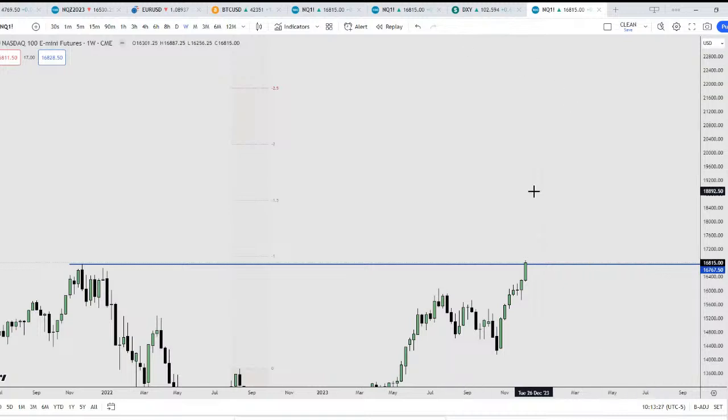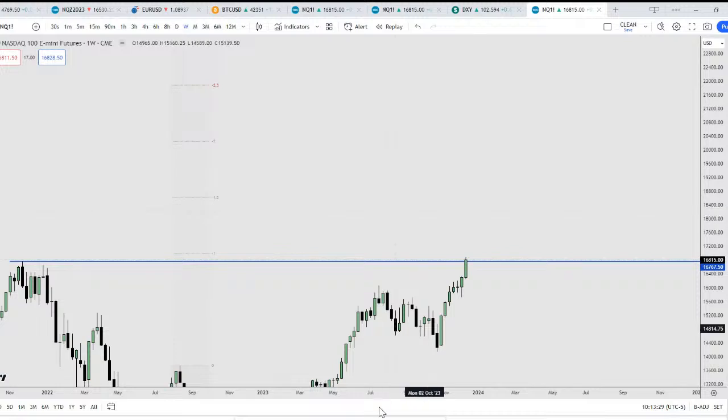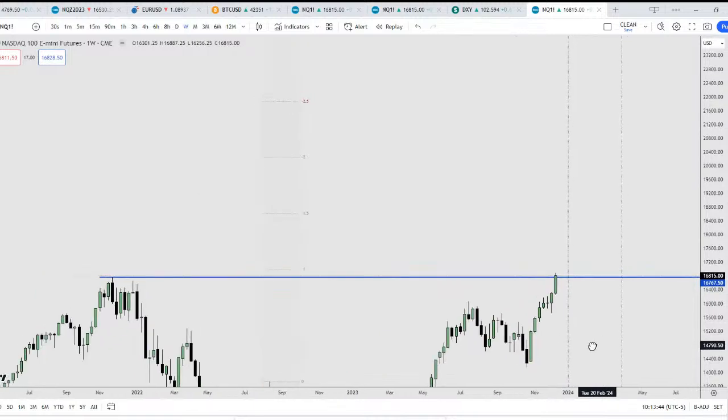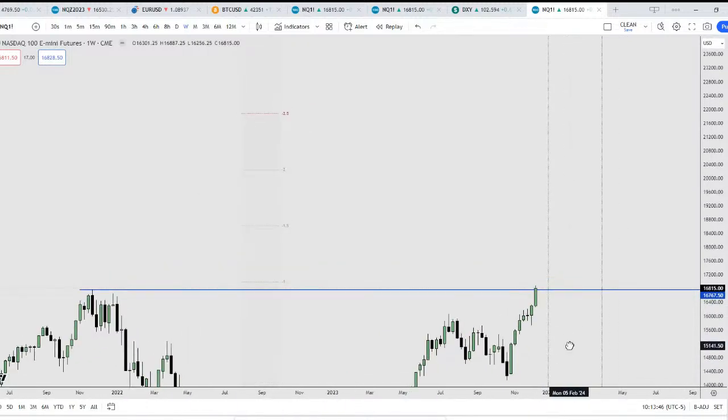So let me just map this out for you. Right, so March to April, and start of the year. Let's just say we are trading right up here in the first quarter, all the way up into this area.